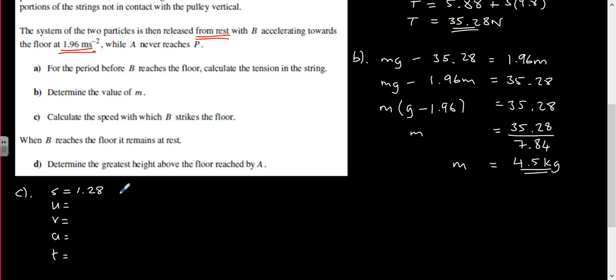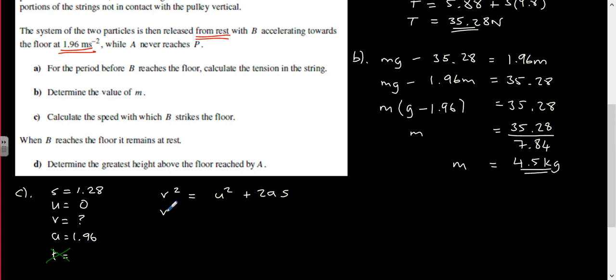So if the system is released from rest, then its initial velocity is 0. Its final velocity is what we're trying to work out. And the acceleration, as we just said, was 1.96 meters per second squared. The time, in this case, is irrelevant. So which equation do we know that links S, U, V, and A? Well, we have v squared equals u squared plus 2as.